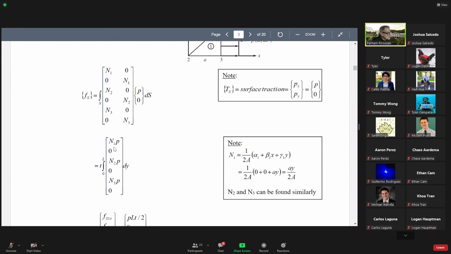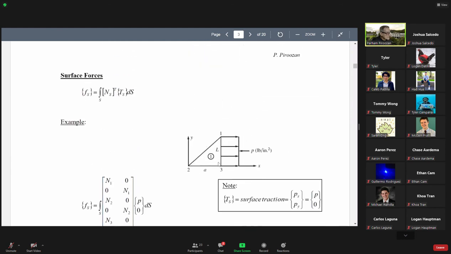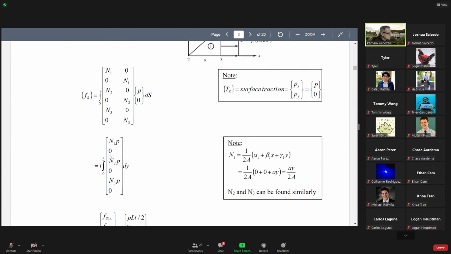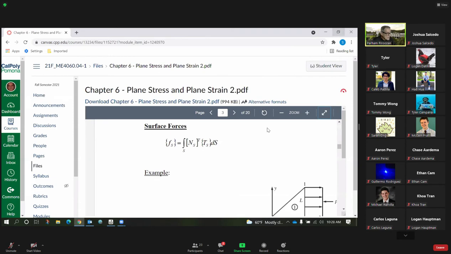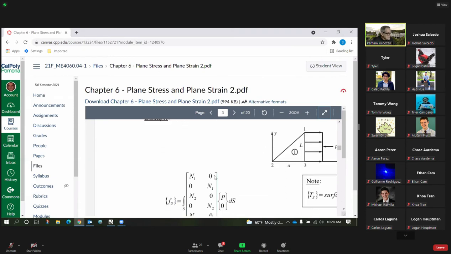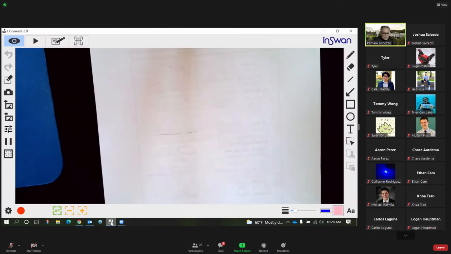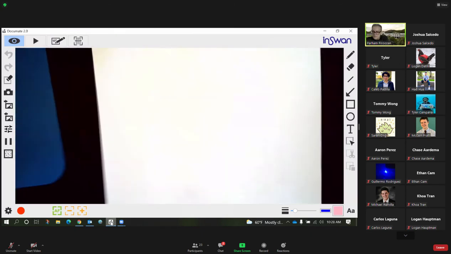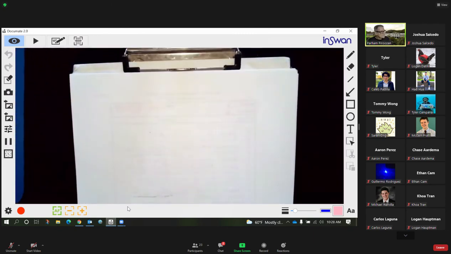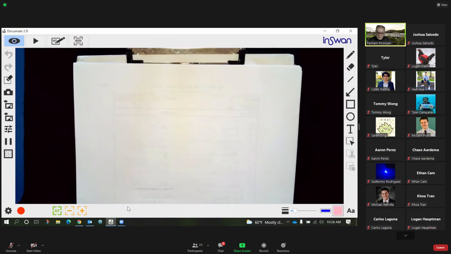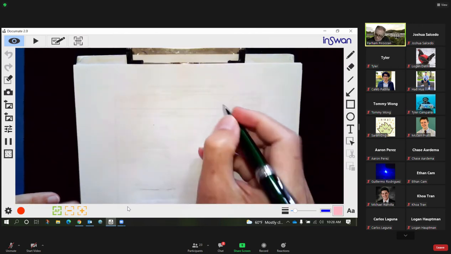What I want to see is what is N1, N2, N3 for this triangle, so we can integrate and then find the surface forces. To do this, I will do one with you, and then you do the second one. Let me show you the camera. All right. Now, this was the triangle.